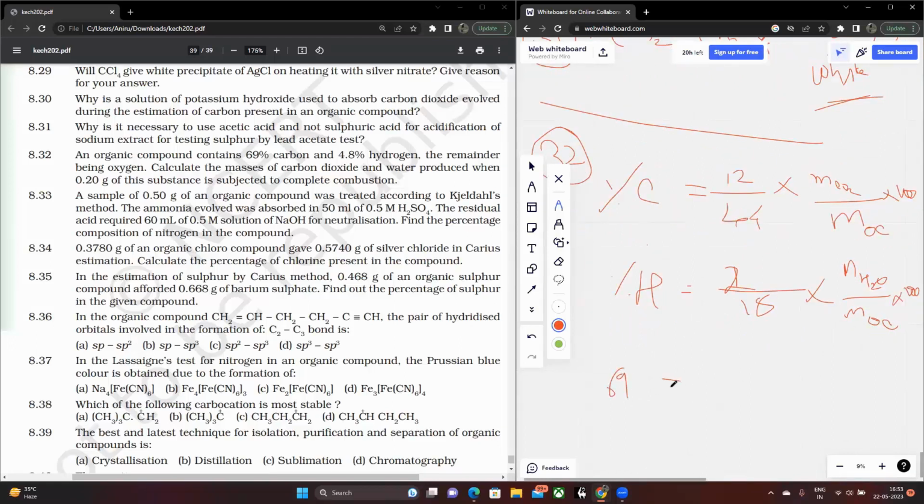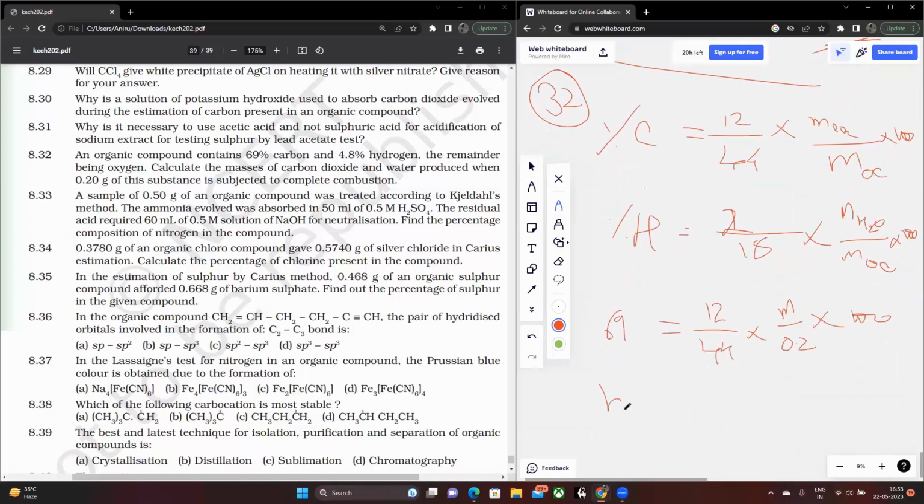So you have 69 equals 12 by 44 into M by 0.2 grams into 100, right? Which yields me M equals 0.506 grams, right?